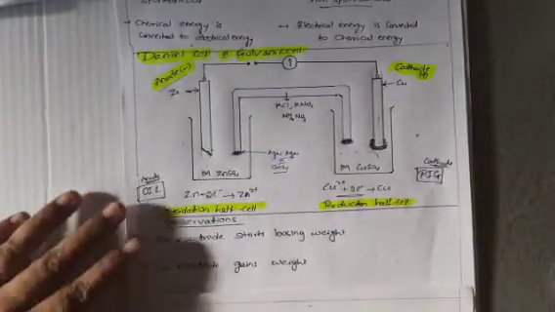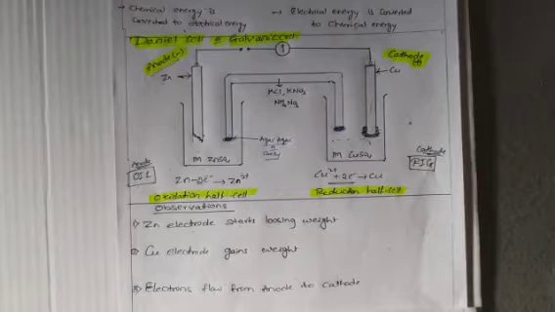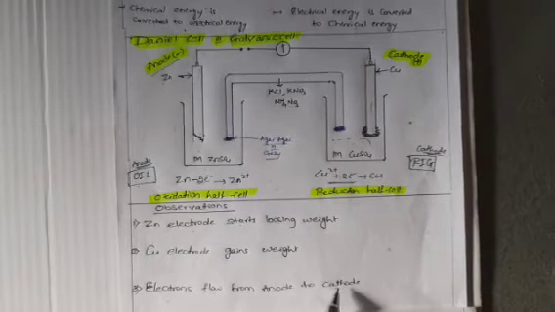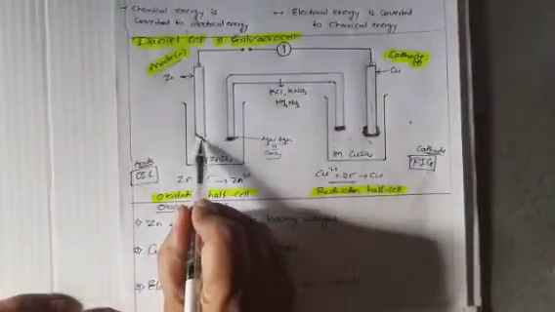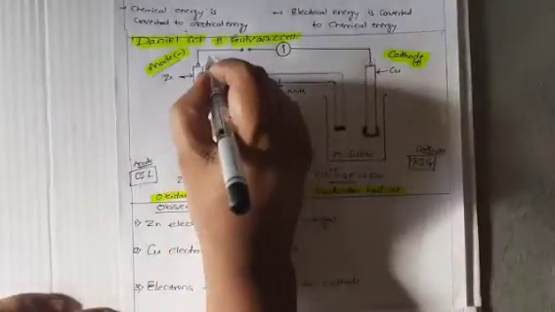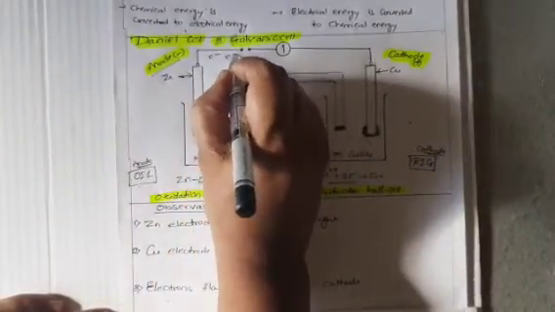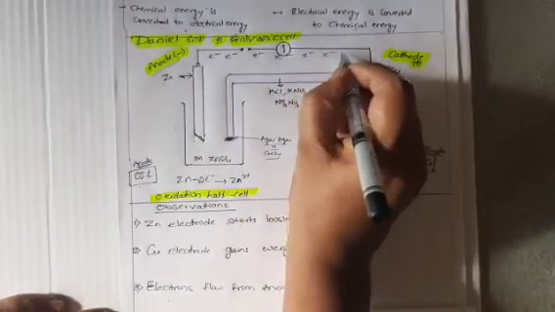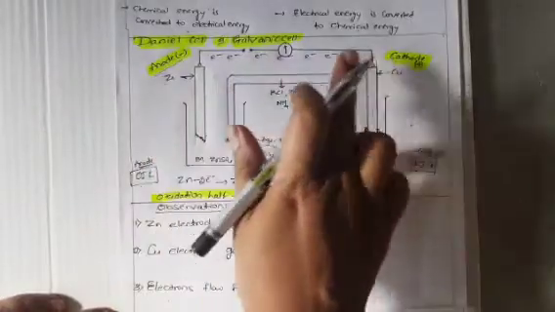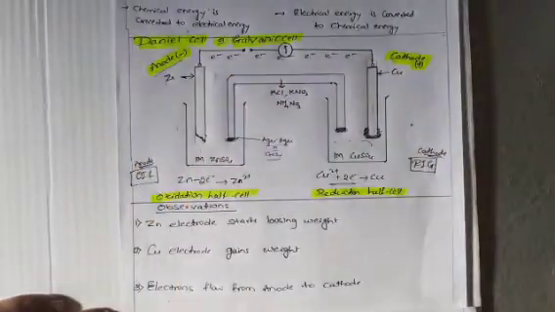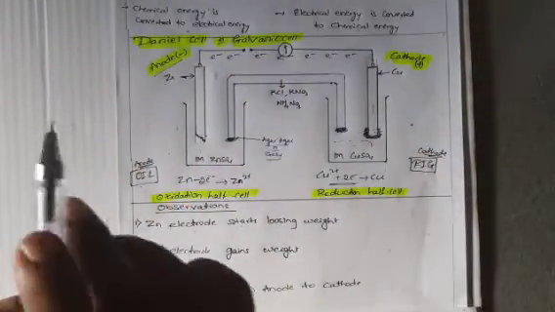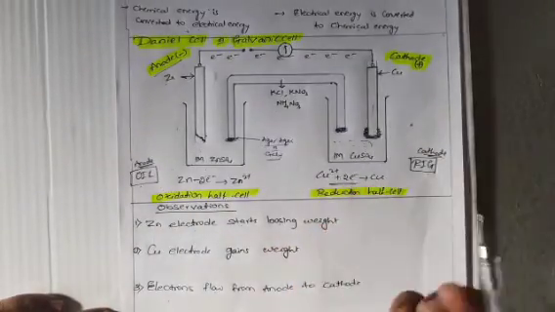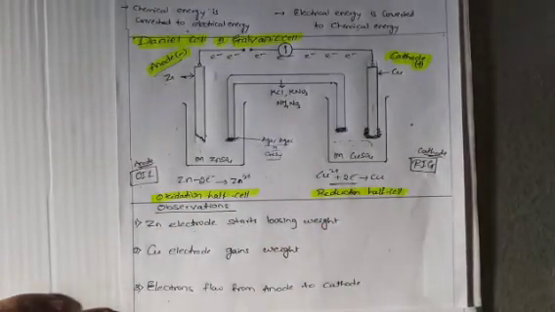And the third observation, what is that? Electrons flow from anode to cathode. Here Zn loses electrons, and these electrons flow from anode to cathode. Isn't it? If the electrons flow from anode to cathode, you know that the current flows in the opposite direction.